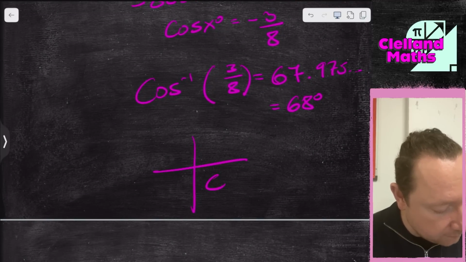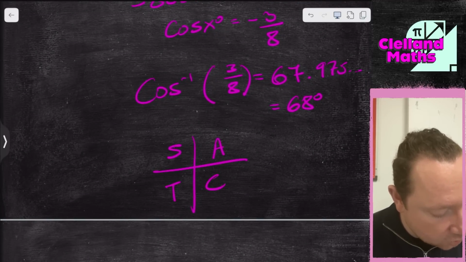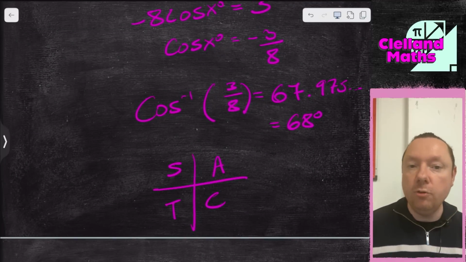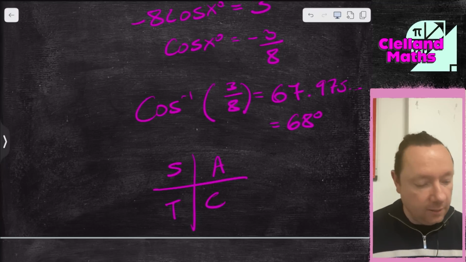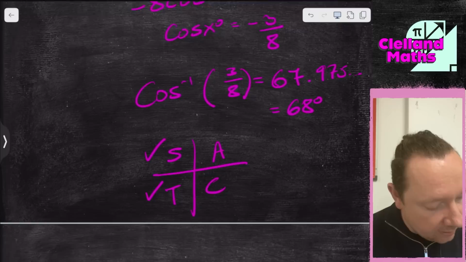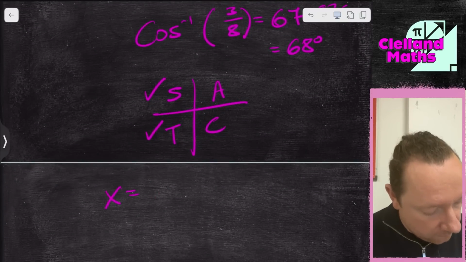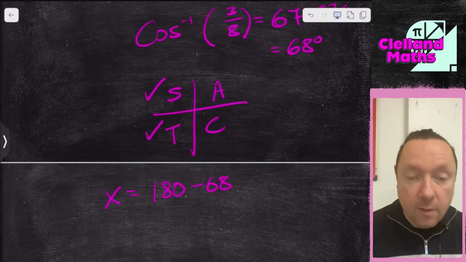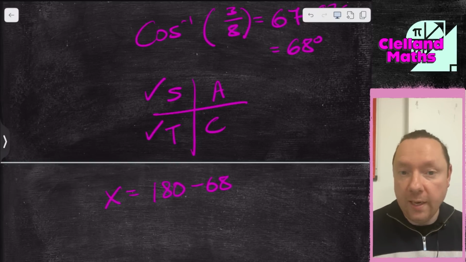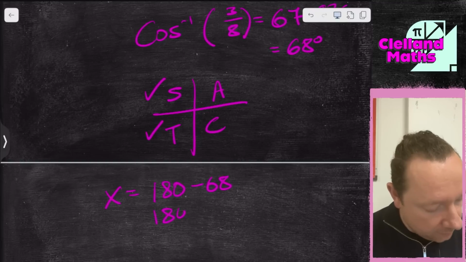Cast diagram. So our cos was negative. Usually I pick A and C, but I pick the opposite, so it's S and T. At S we do 180 minus the angle, 180 minus 68. And at T, we do 180 plus the angle, 180 plus 68.